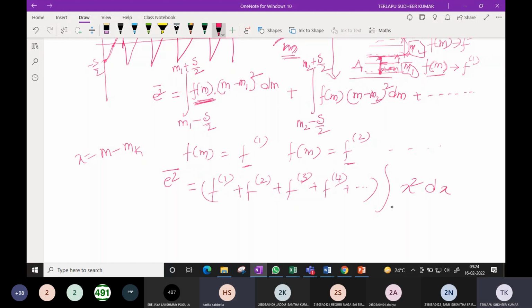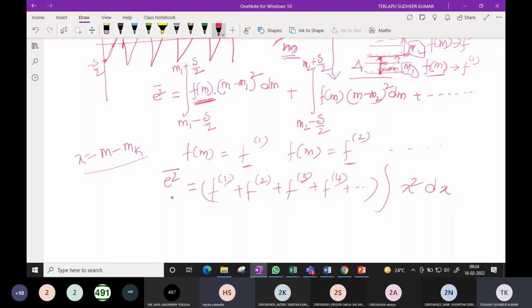And can you tell me how the limits are going to change? This is m1 minus s by 2, that is mk minus s by 2. So how do the limits change? If I assume like this, how are my limits going to change?